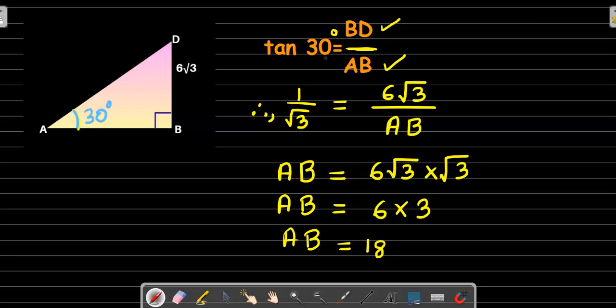Now the value of tan 30 is equal to 1 by root 3. And BD is equal to 6 root 3 and we have to find AB. So we get AB is equal to 6 root 3 into root 3. So AB is equal to 6 into 3, that is AB is equal to 18. So we get this is 18 cm.